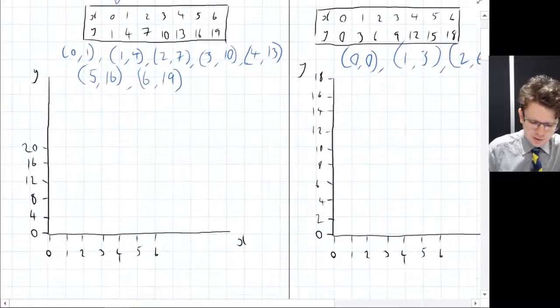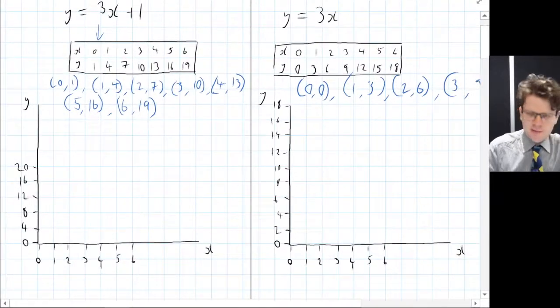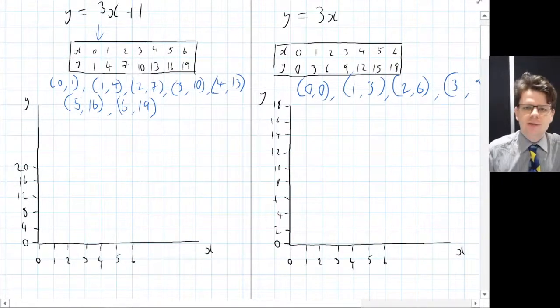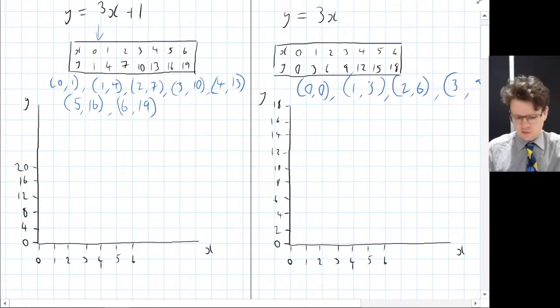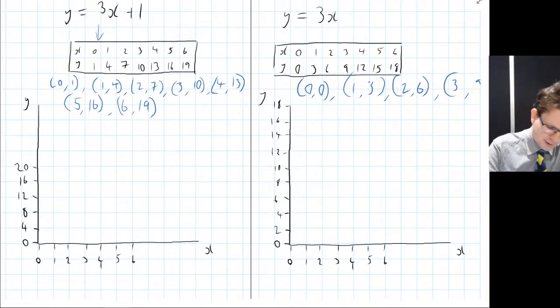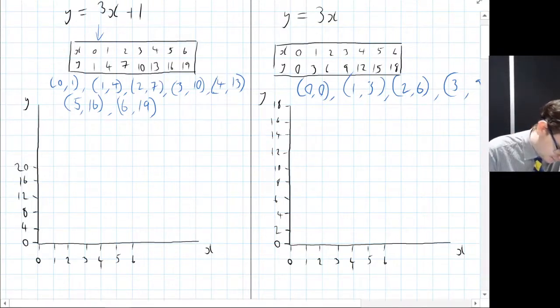So what do we do with points? Now we can plot them. So it started with an equation, turned it into a table, table turned into points, and now I'm going to plot those points. So I'm going to do mine. Afterwards you're going to have a go at doing yours. So my first point is 0, 1. My next point. My next point.